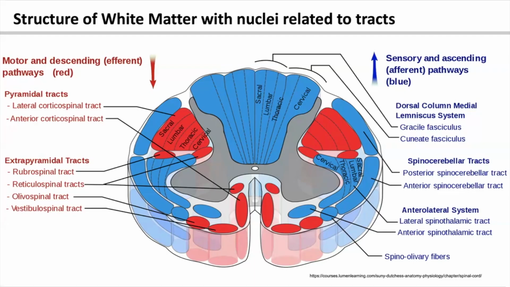The vestibulospinal tract, which is in here, we learned is lateral and medial, and it's mainly for posture and balance. The reticulospinal tract, which is here and here, as you can see, is pontine and medullary, and they are for extensor movement: one facilitates and one inhibits.